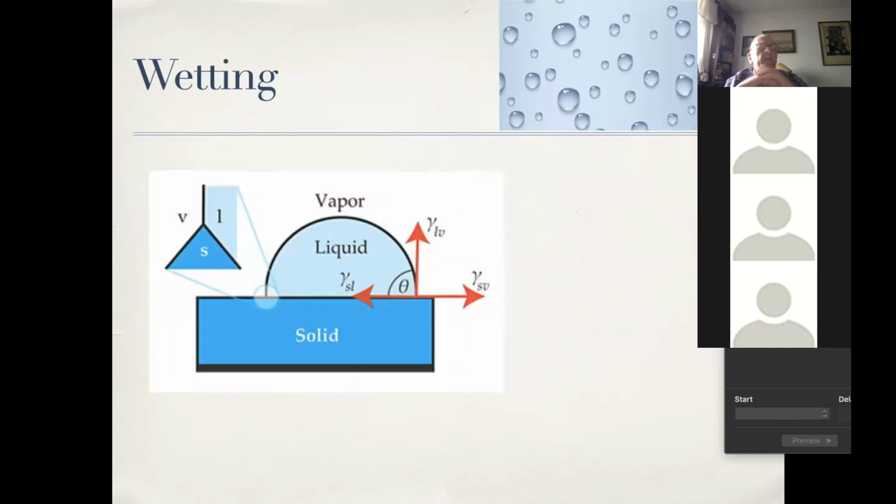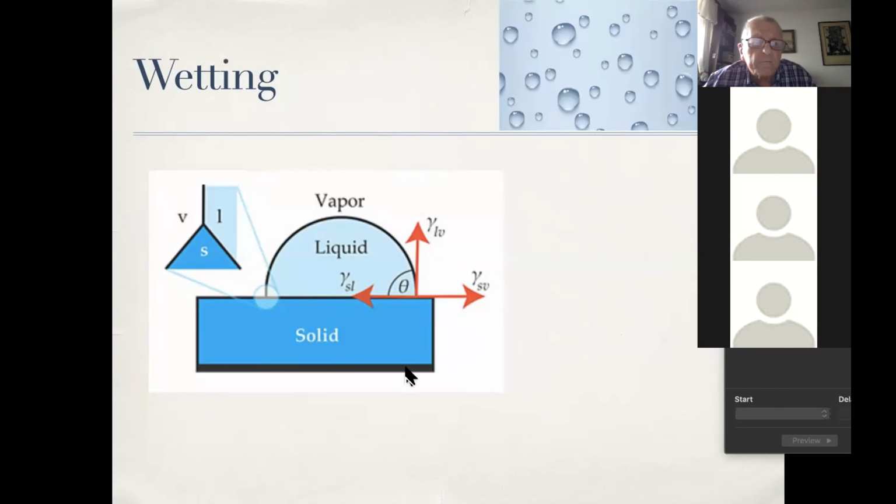Imagine we have a very common everyday situation: we have a solid surface and we put a drop of liquid on that surface, for example, as in the picture above. As we know, if we put the liquid on the surface of a solid, it forms a drop.